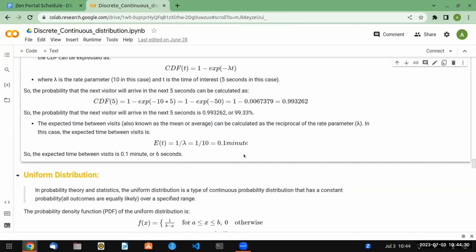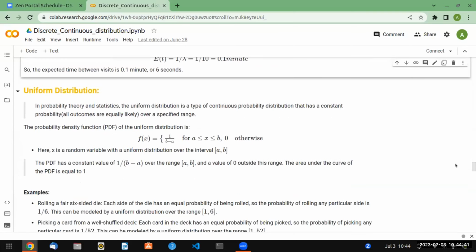Now this is all about your exponential distribution, guys. So two types: normal distribution we saw, exponential distribution we saw, and how it looks in terms of plot also we saw. Now the third type is an easier one. This is not complex, because this is uniform.